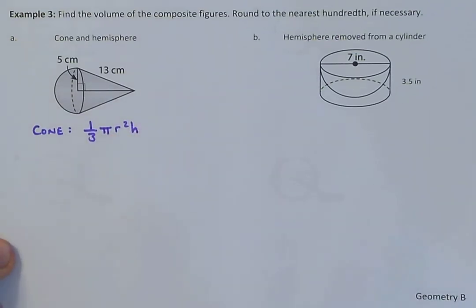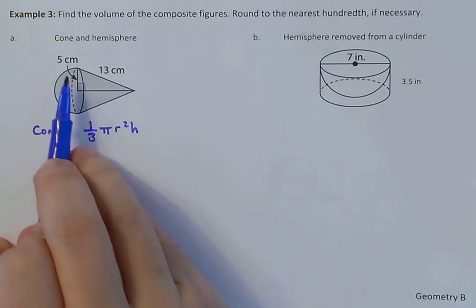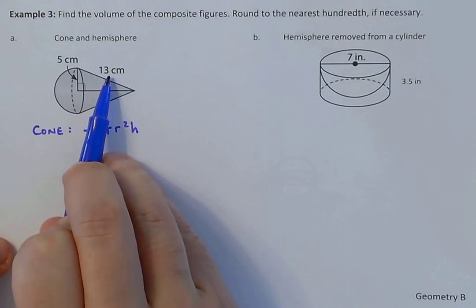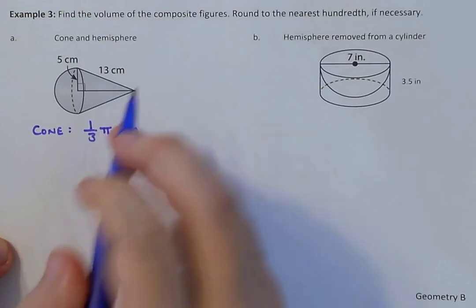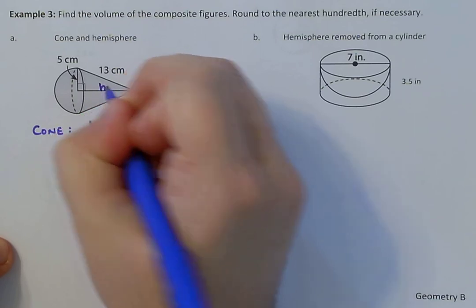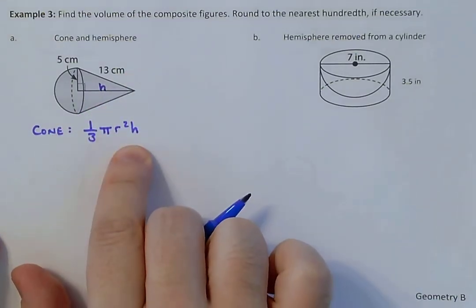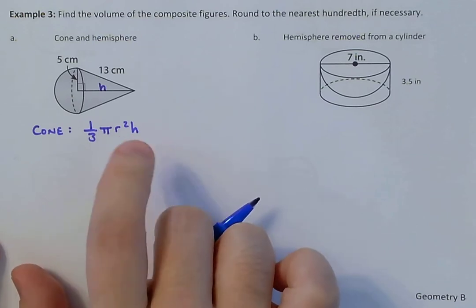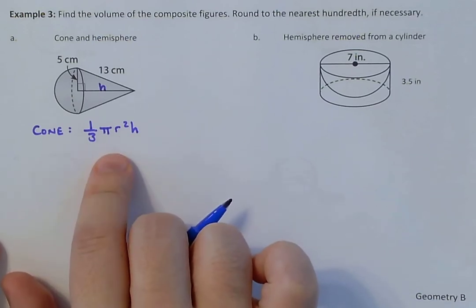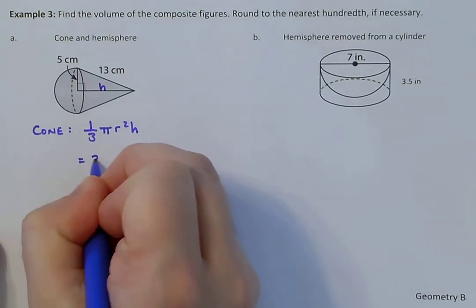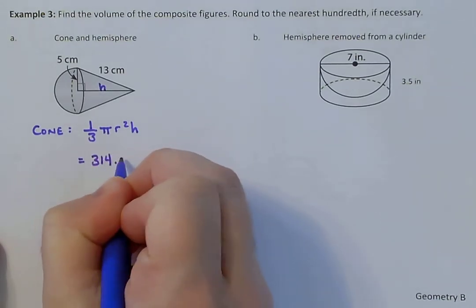You have to know the radius of the cone, which is 5. You have to know the height, which they don't tell us; they tell us the slant height. So you have to use the Pythagorean theorem to figure out your height, and plug that in for h. That is how you find the volume of a cone, which if you did all that, you would get 314.2.